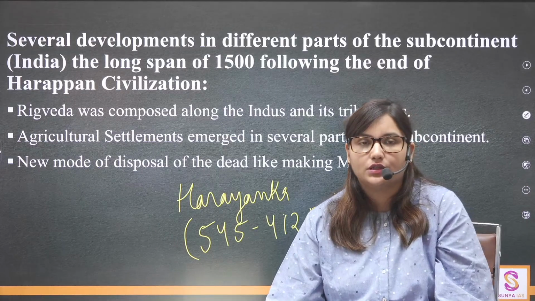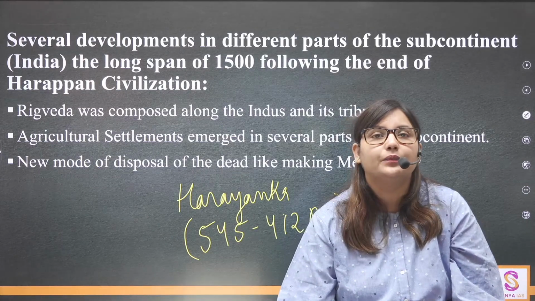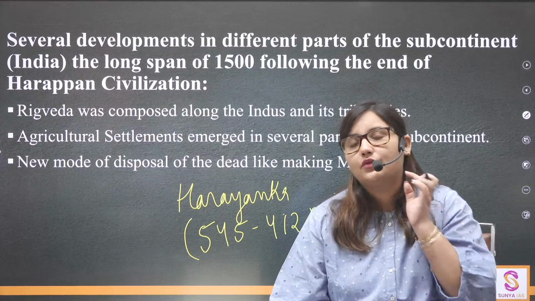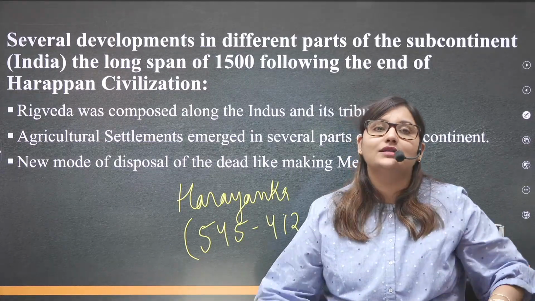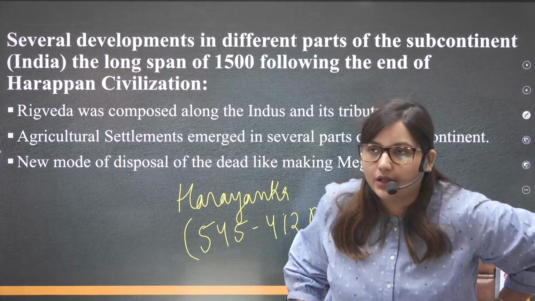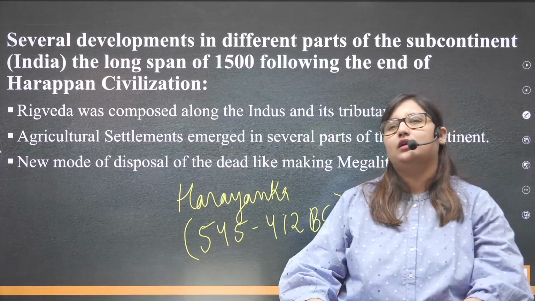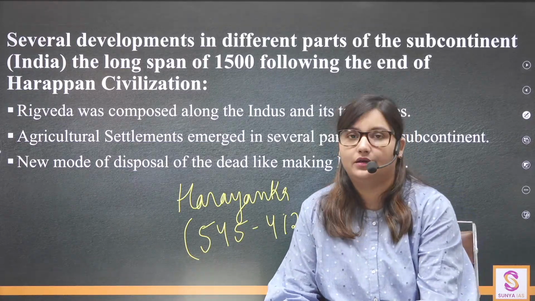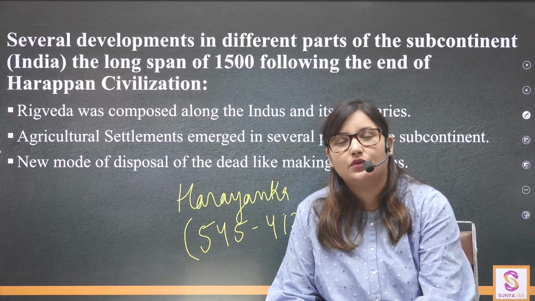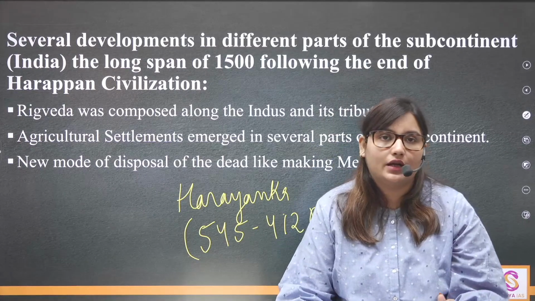Okay, now first, please write about Bimbisara. Bimbisara was the first king to have a standing army. So in prelims, they may ask you this: who was the first king to have a standing army? Bimbisara.